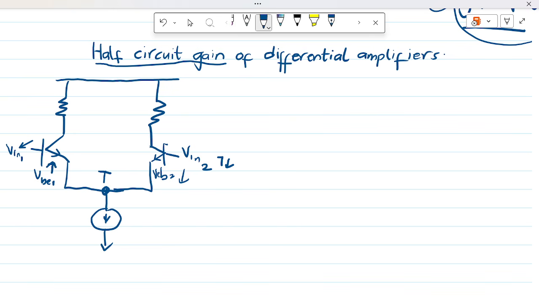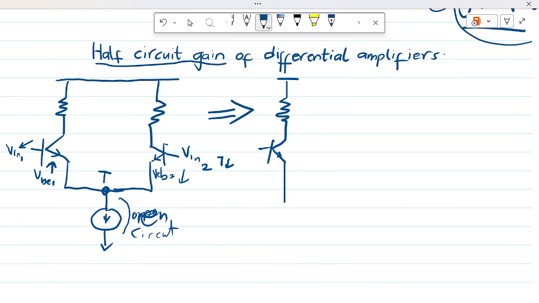We also know when doing small signal analysis, all voltages that do not change with respect to time are usually grounded. So I can really draw this as a small signal equivalent this way. Okay, so the current source is also replaced by an open circuit for small signal analysis, because it's also not changing with respect to time.